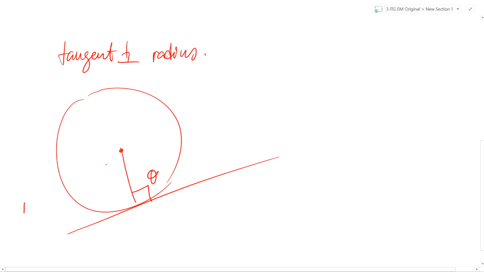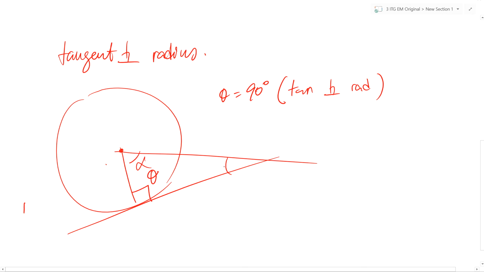So here, let's call it theta. Theta equals 90 degrees. And we say that tangent, TAN, perpendicular to radius. Short and sweet. You can do this, all this stuff.